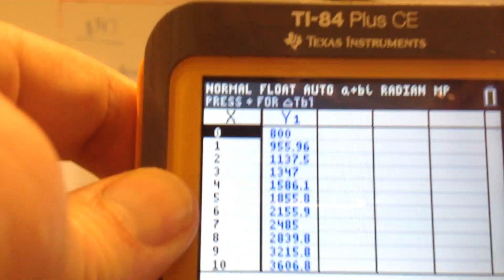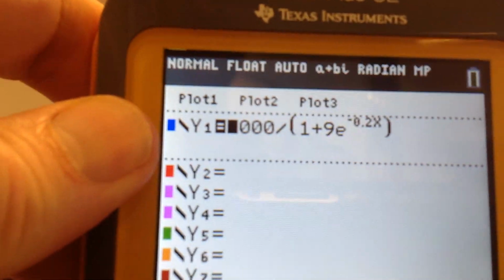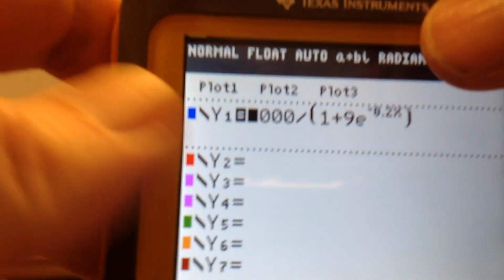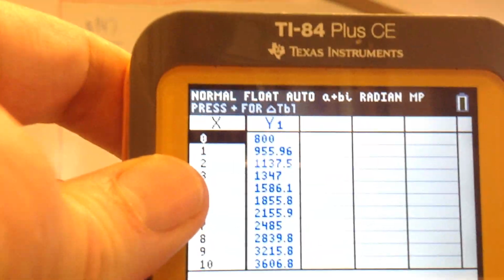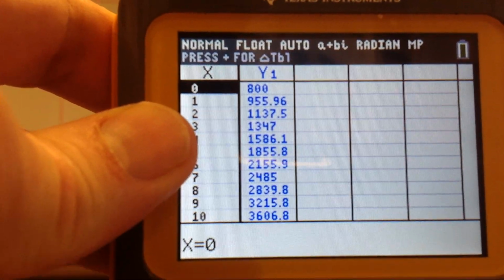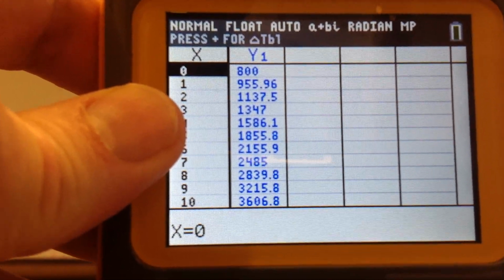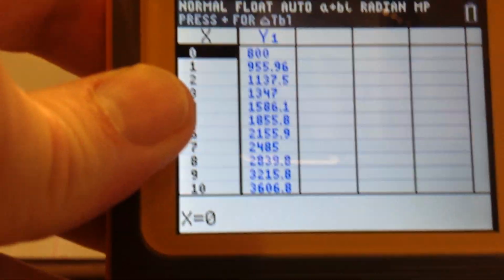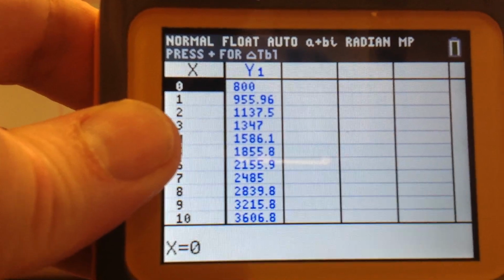Oh, I think it looks like I'm missing a 0 in my equation there. Oh, okay. So that 8,000 is correct. But of course, when t equals 0, our value is actually 800. Okay, and then it's going to grow from there. You can see it goes from 800 to 3,000 pretty quickly, and that's true of these logistic functions.